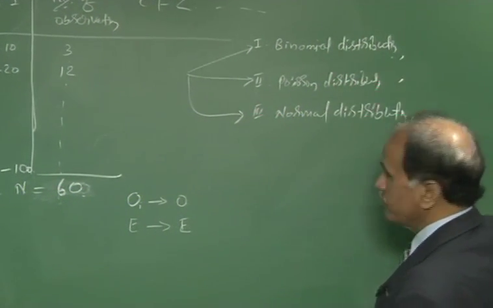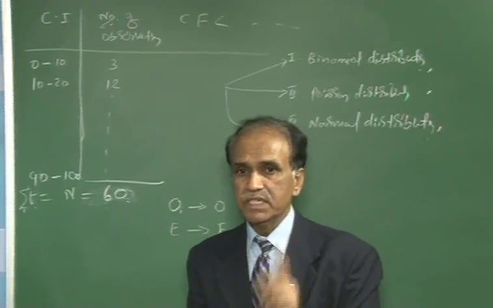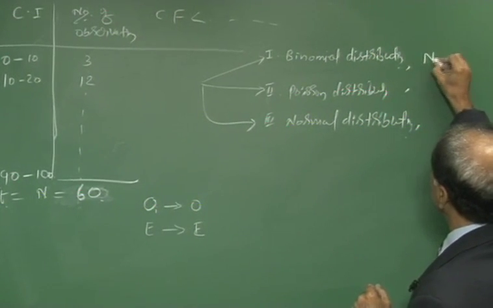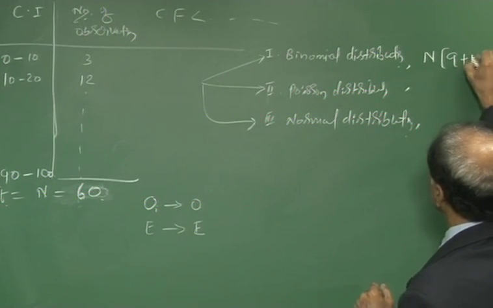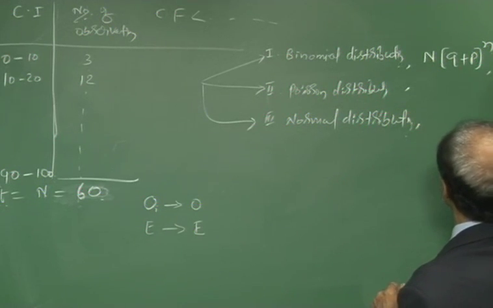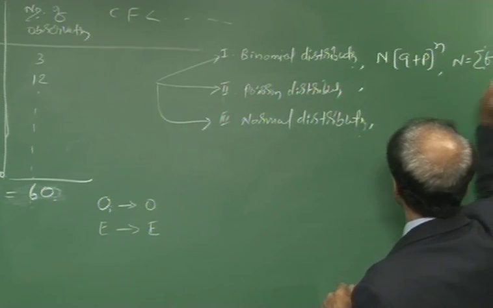What is the equation for fitting the data? Here I use the word fitting. The equation is capital N into (Q plus P) whole to the power N. What is this capital N? Capital N is equal to the sum of all the frequencies.